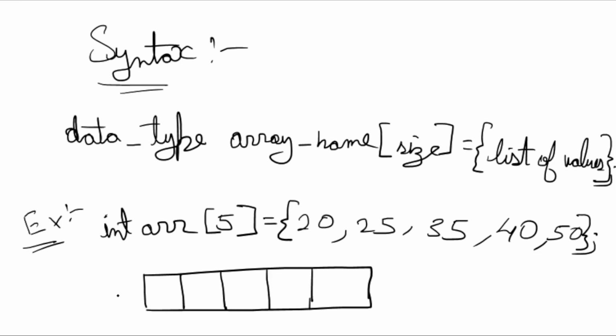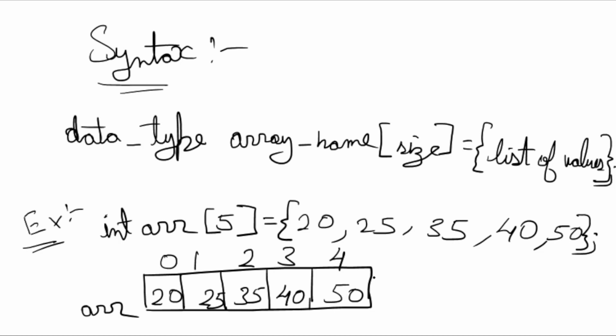So this is your array size. As I'm taking 5, the indexes are 0, 1, 2, 3 and 4, till 4, because I'm starting from 0, that's why. And I have taken the array name ARR, and 20, 25, 35, 40 and 50, and so on.